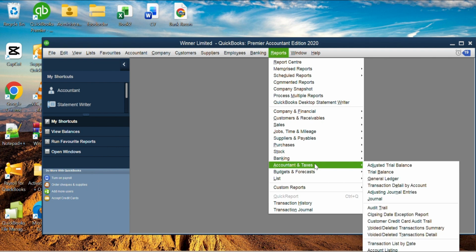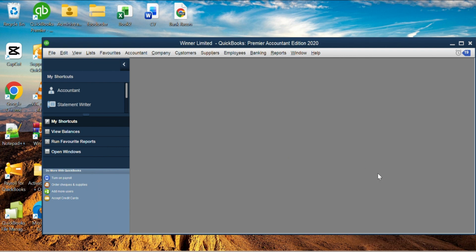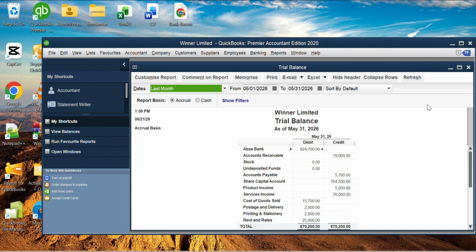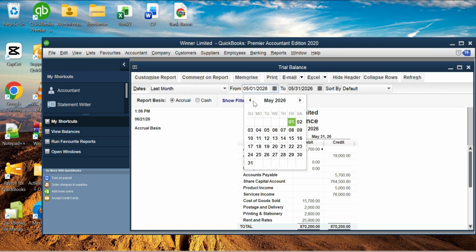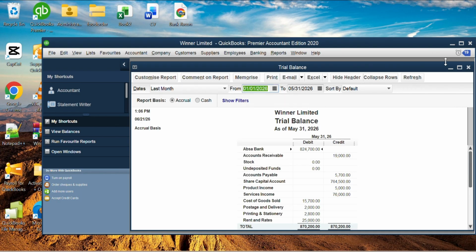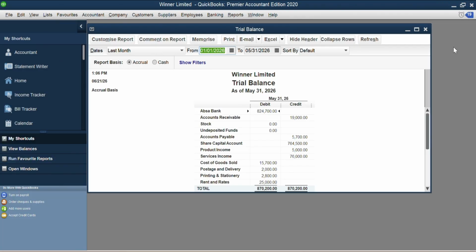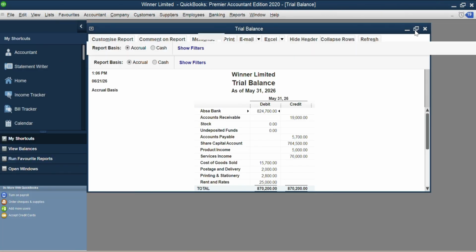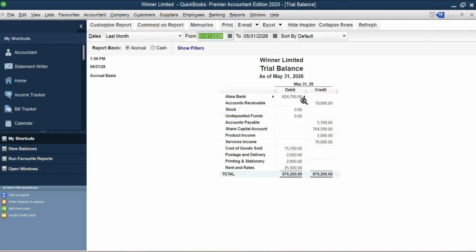So basically, you can also go and check the adjusted trial balance. And the three major reports that we normally use in business are the profit and loss account, balance sheet, and the trial balance. The trial balance has both the assets and the liabilities and the income and also the expenses.